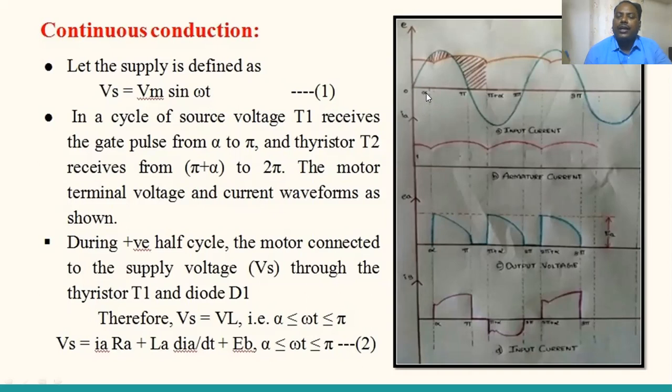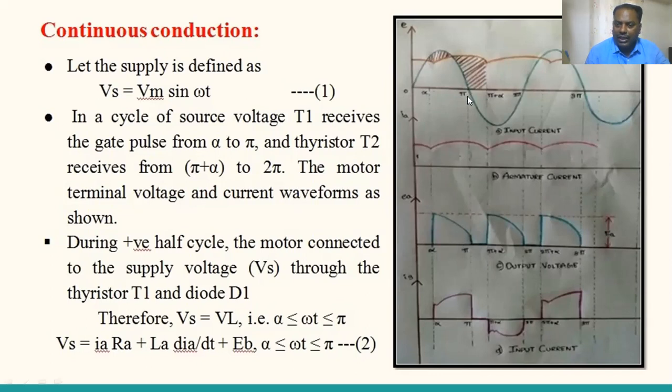We already discussed that during the positive half cycle, T1 D1 conducts from alpha to pi. At that time, Va is equal to Vs. Therefore, the average output voltage is equal to the source voltage during alpha to pi. At the instant of pi, the supply voltage is reversed.